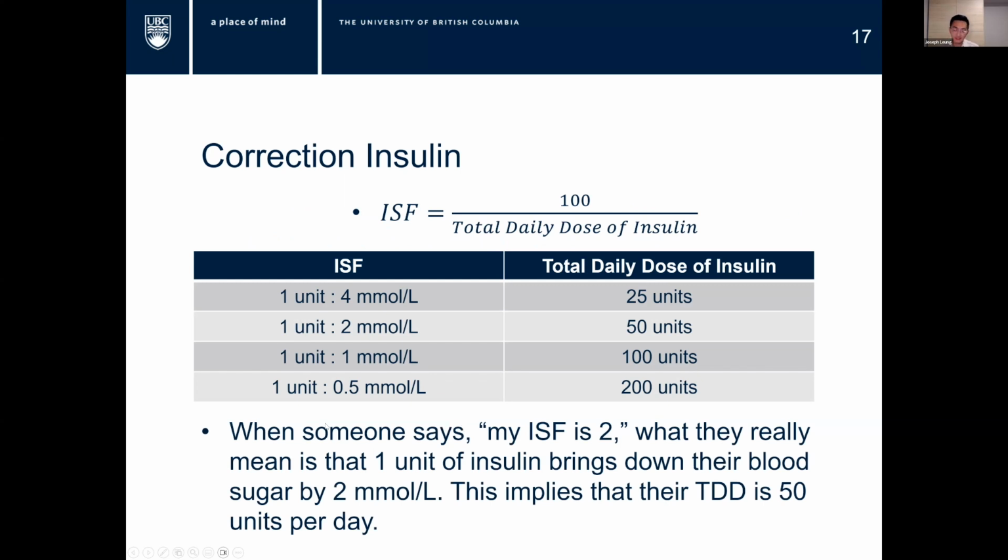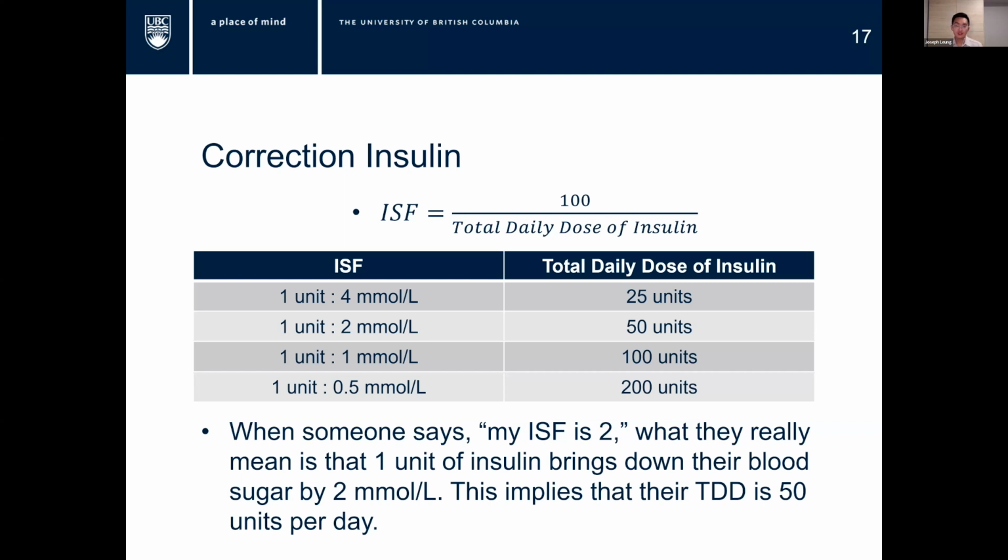Well, if somebody says, my ISF is 2, what they really mean is that 1 unit of insulin brings down their blood sugar by 2 millimoles. Once again, interestingly, this implies that their total daily dose of insulin is 50 units per day. So when somebody tells you their ISF, they're actually making some implications about some things.